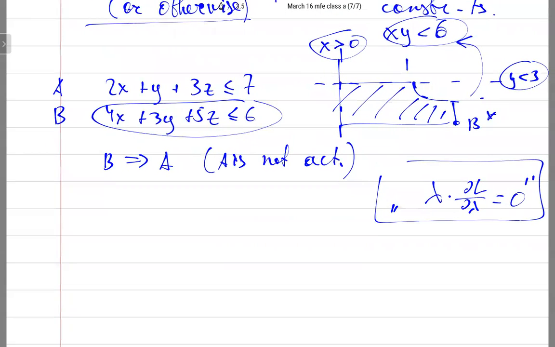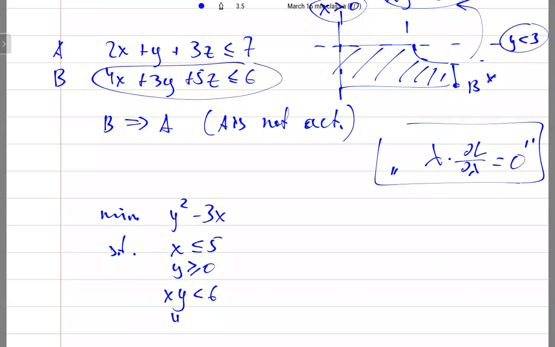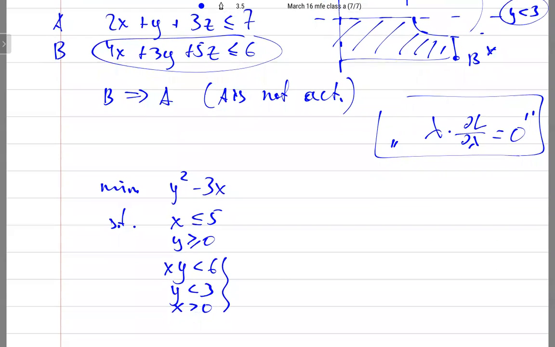And so I need to minimize y squared minus 3x subject to x less than or equal to 5, y greater than 0, and from some intuitive reasoning or from the plot here, I see that I have 3 non-active constraints.